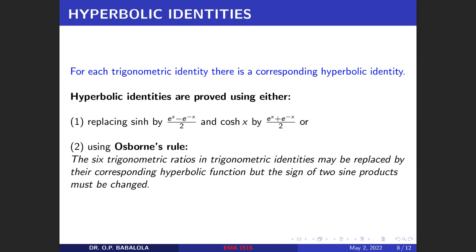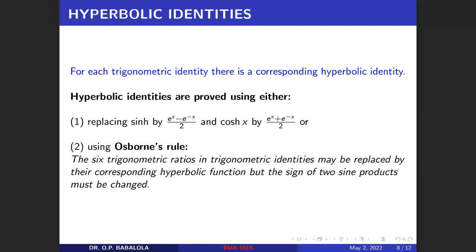Those are your trigonometric identities, right? Now, we're going to be having similar things with hyperbolic identities. And what I've said is, for each trigonometric identity, you're going to have a corresponding hyperbolic identity. All right? And how do you prove these identities?